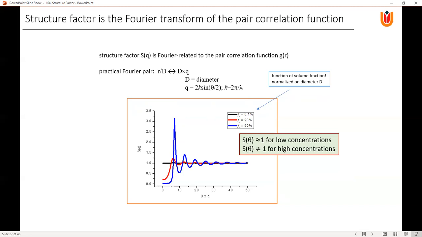That is what we already did, and that leads to a normalization on the Fourier conjugate axis, the Q axis, as a multiplication of D times Q. The good thing about this is that it is a normative graph. You can always use it regardless of the value of D. For any value of D, you can just scale the axis and you would get the same result.